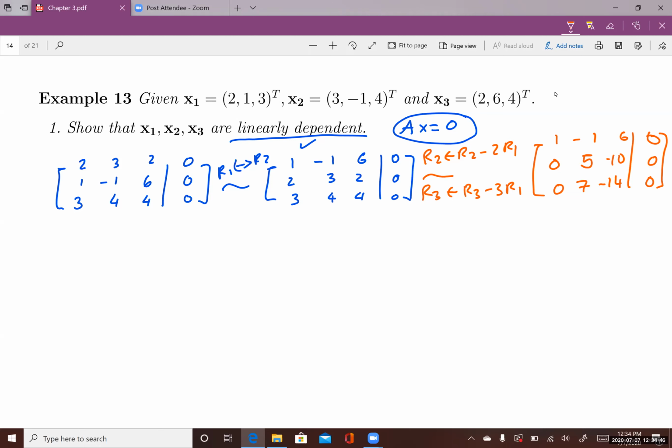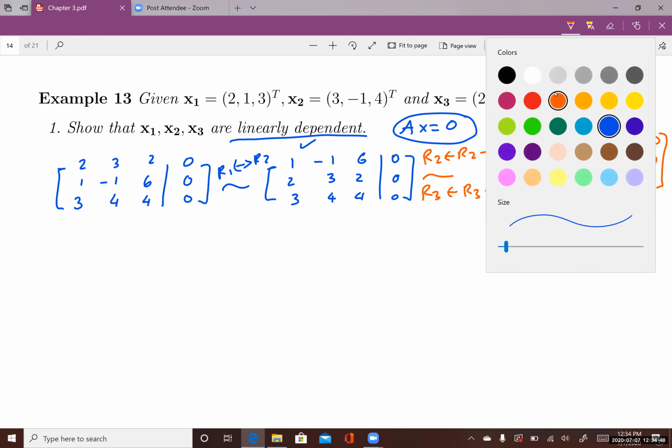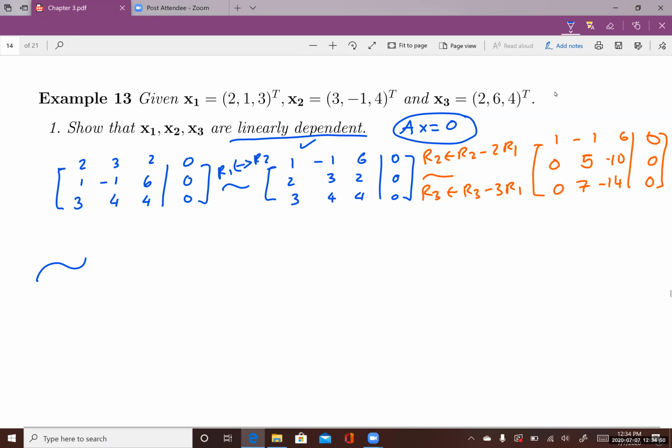And then my next step is I want to reduce the third row a little bit more. So R3 will be R3 minus 7/5 R2, right?